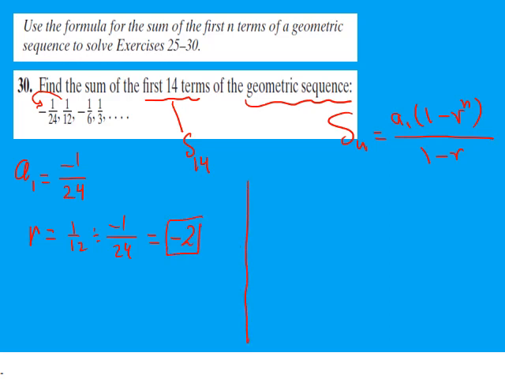So I wanted to find the sum of the first 14 terms: A1, negative 1 over 24, times 1 minus negative 2 to the power of 14, over 1 minus negative 2.